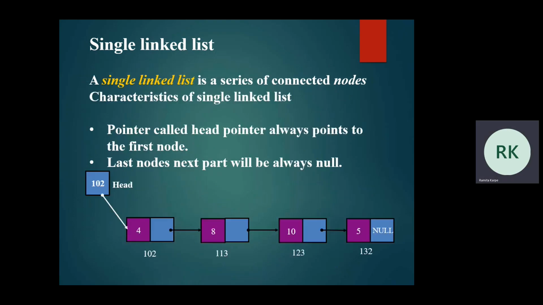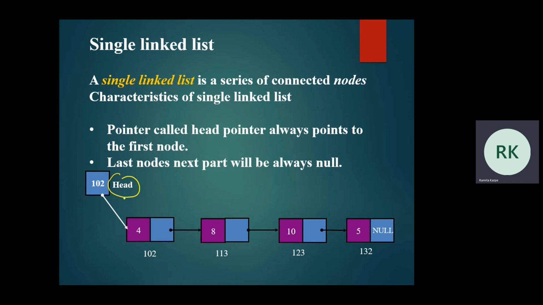I'll go to the next slide. Now, a single linked list is a series of connected nodes. I've already discussed this. There are two characteristics of a single linked list. The first is that a pointer called the head pointer always points to the first node.